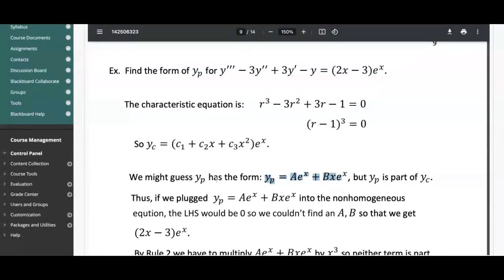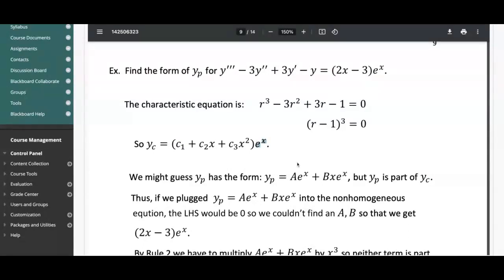Now, comparing those two. Compare this particular solution with this complementary solution. What do you see? Do you see some terms are the same? The yp is a e to the x plus bx e to the x.